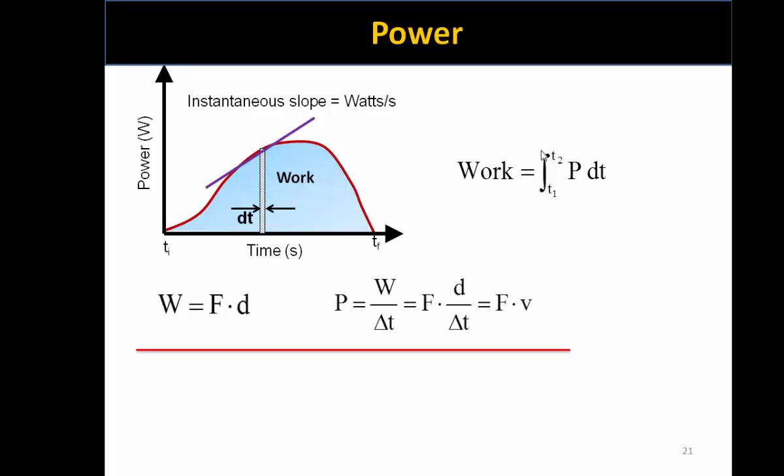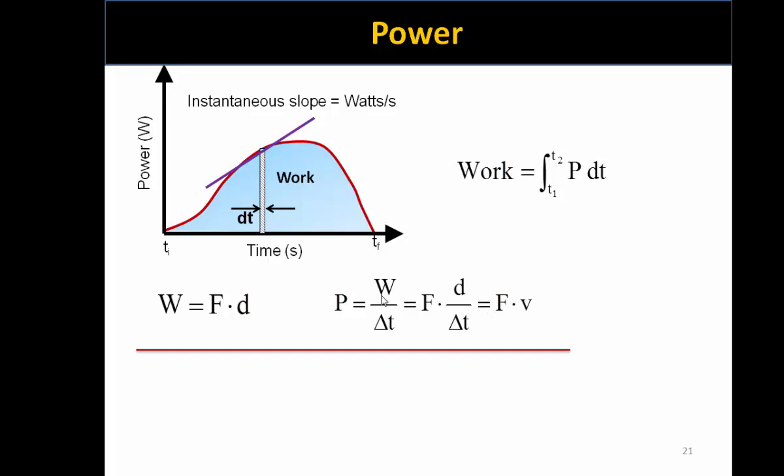So to provide an overview of this relationship of work and power, we establish that work is equal to force times a distance. This is, of course, a scalar quantity, which does not have direction. Power is the time rate of work performed, and if we expand that, it is equal to force times the distance per unit time, which is force times velocity.